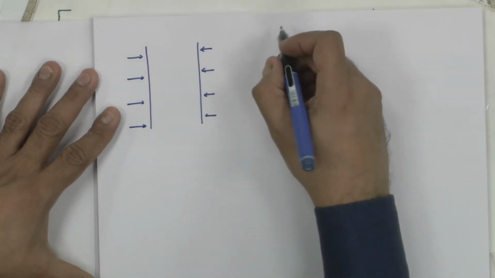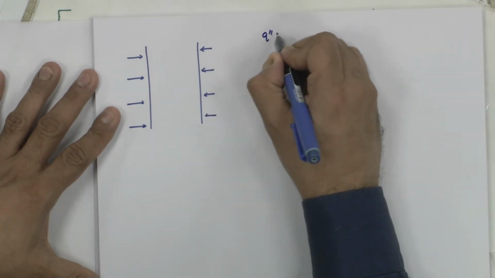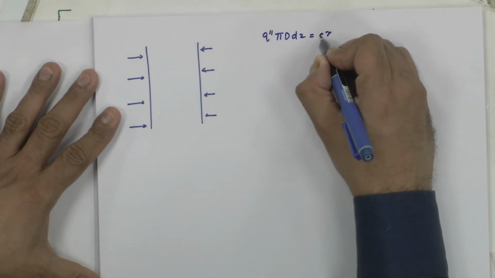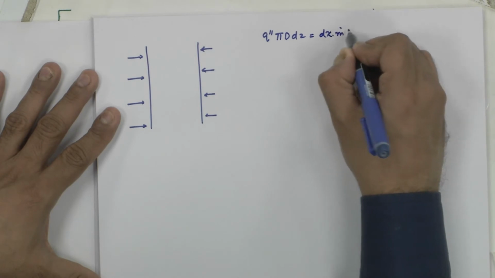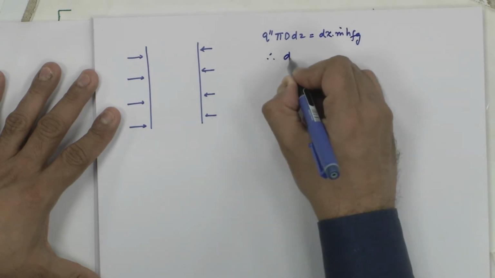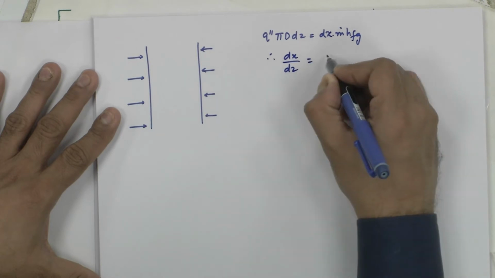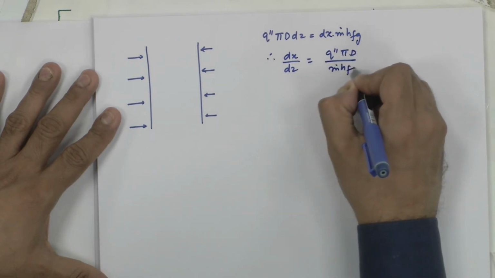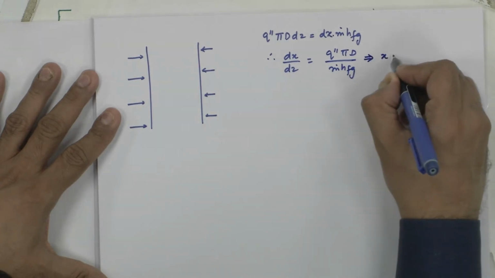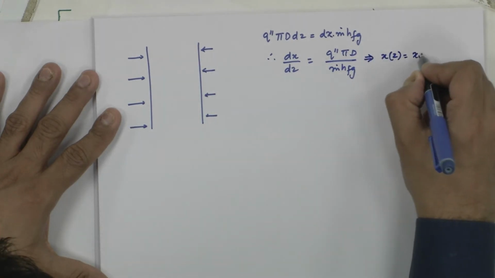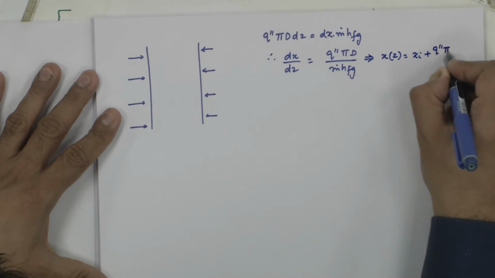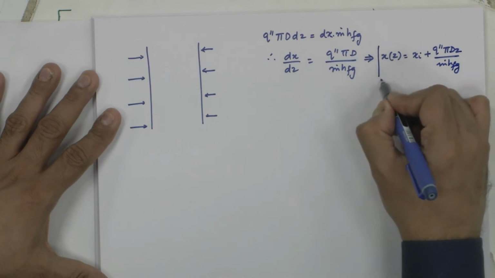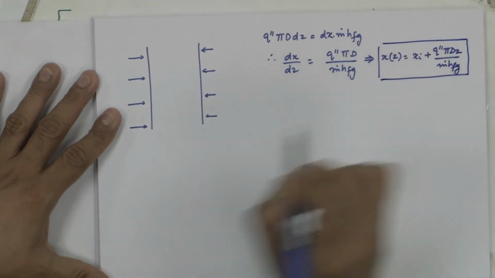So, here we have a constant heat flux situation, say q double prime pi d dz is equal to dx into m dot into hfg, and therefore, dx by dz is equal to q double prime pi d by m dot hfg, and this on integration would give you x of z is equal to x of i plus q double prime pi d z by m dot hfg. We have seen this energy balance before with several assumptions.